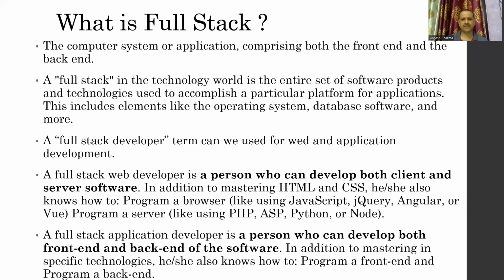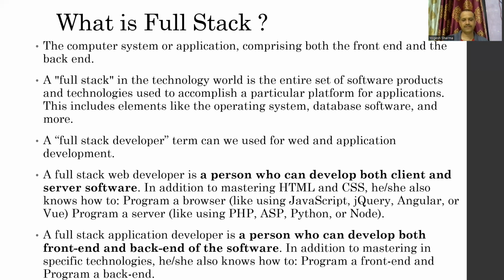So basically, the full stack web developer should have knowledge about HTML, CSS, JavaScript, jQuery, Angular, and PHP, ASP.NET, Python, or Node, or we can say Java. So the person should have sound knowledge of it.